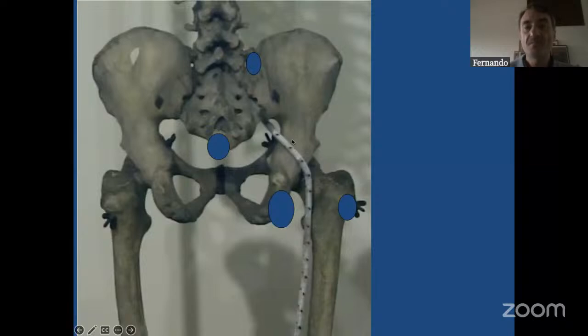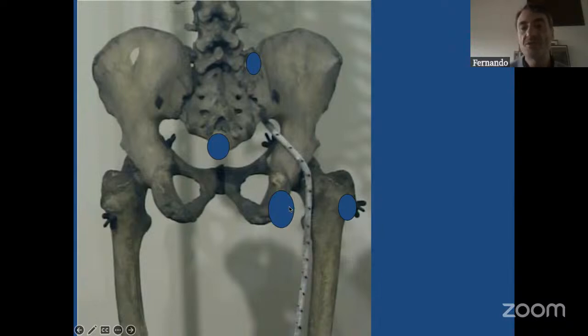And we can see an osseous specimen with the anatomic landmarks that we will use to locate the sciatic nerve. So we can see here the coccyx, the ischial tuberosity, and the great trochanter of the femur. And the nerve runs from the sciatic notch to this canal formed by the ischial tuberosity and the great trochanter.